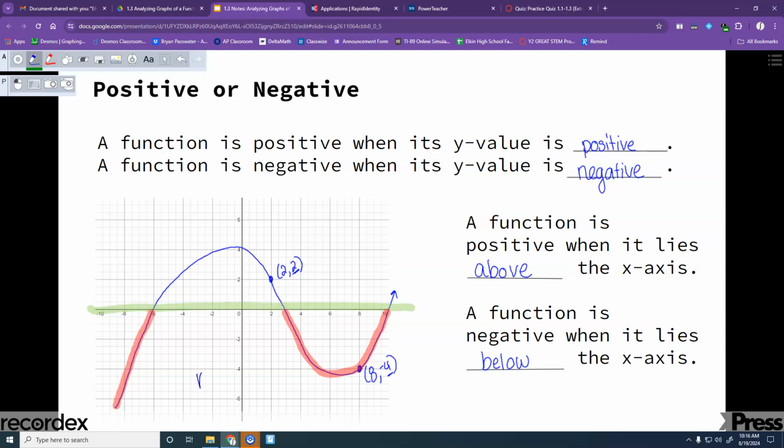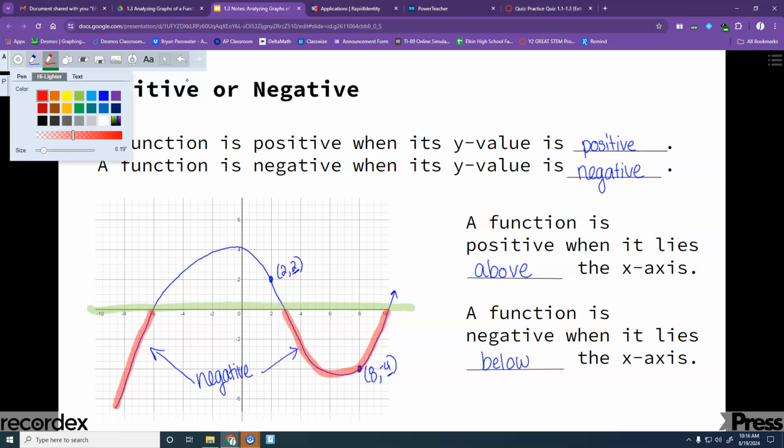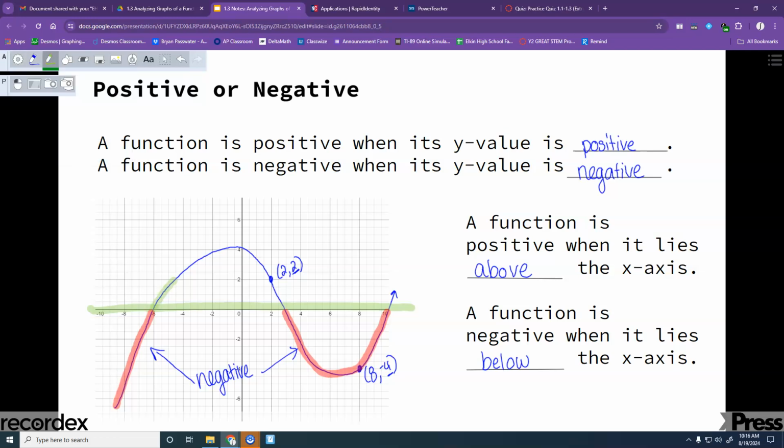Let me label that negative, here and here. And then if I want the positive pieces, those are the ones above the x-axis. And so that would be this piece right here, and then this little tiny piece right here, since that has an arrow that goes on forever. That would be positive.